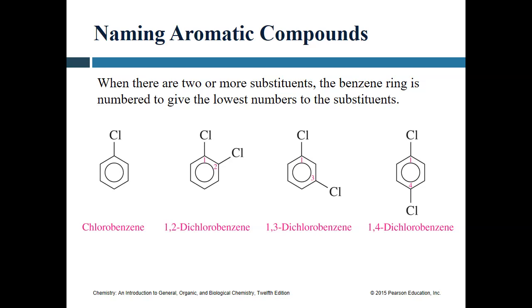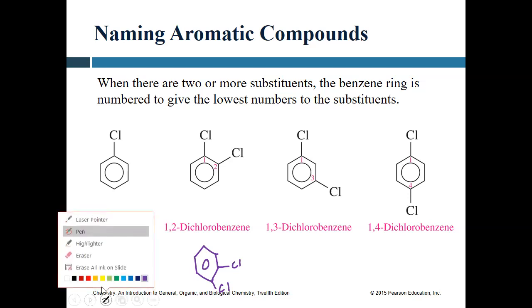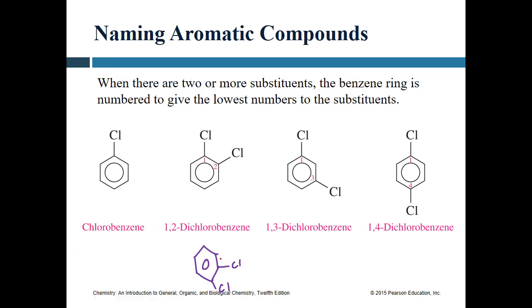Keep in mind, these could be in any position whatsoever. So what we're calling 1,2-dichlorobenzene here, if I drew it this way, it's still 1,2-dichlorobenzene, because we would just start our numbering from here going around instead of at the top.